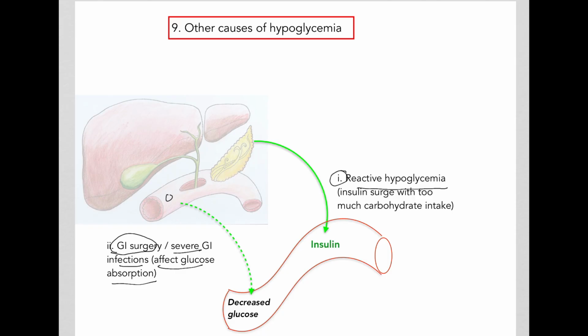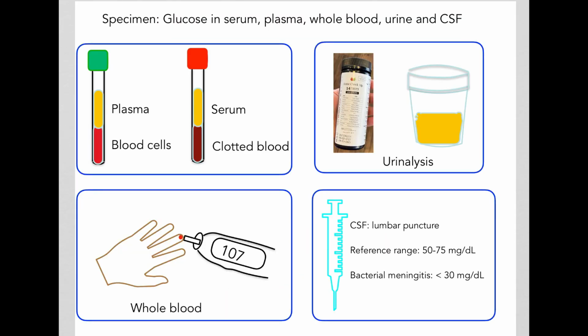In some cases, there is an insulin surge, a huge increase in insulin when too much carbohydrate is ingested, and this large concentration of insulin can lead to hypoglycemia. Okay, so that's a few examples of some of the common reasons for hyper and hypoglycemia.